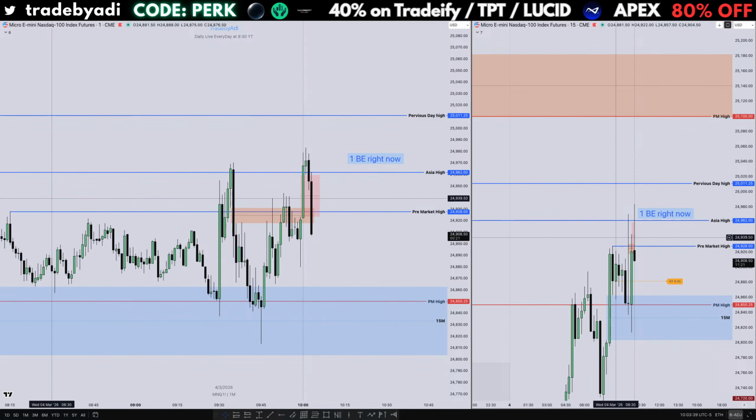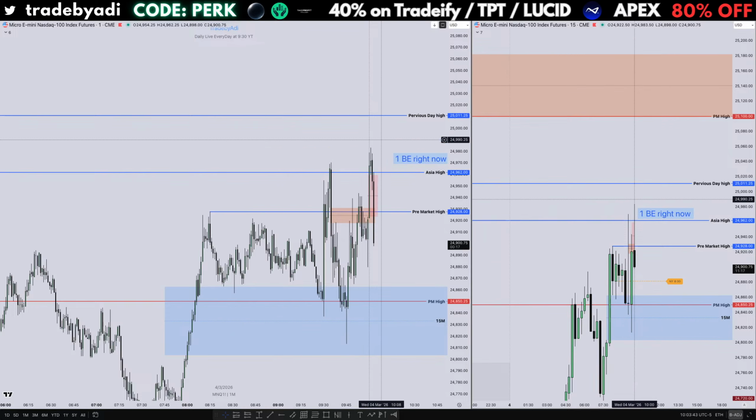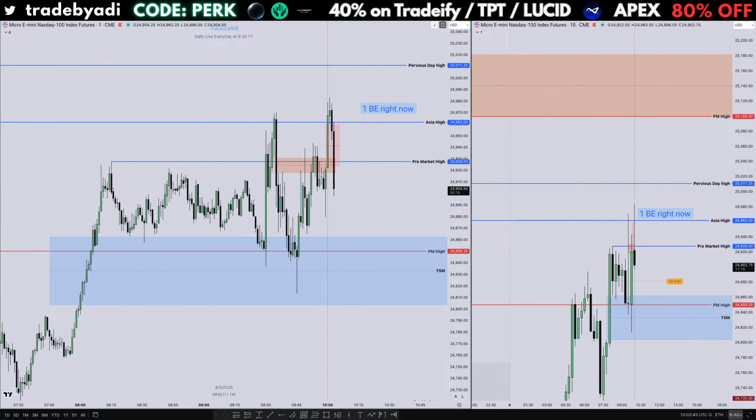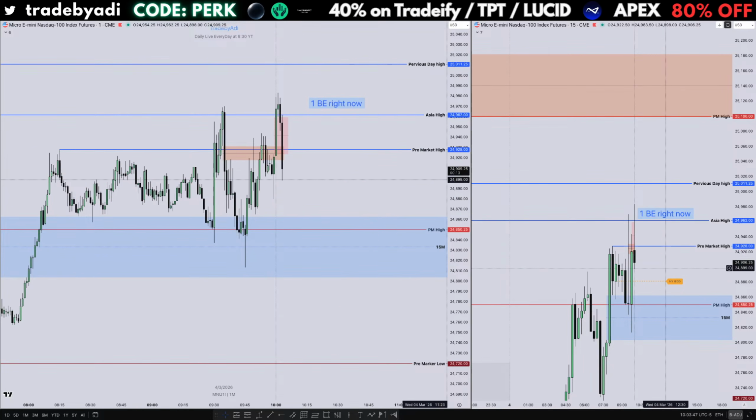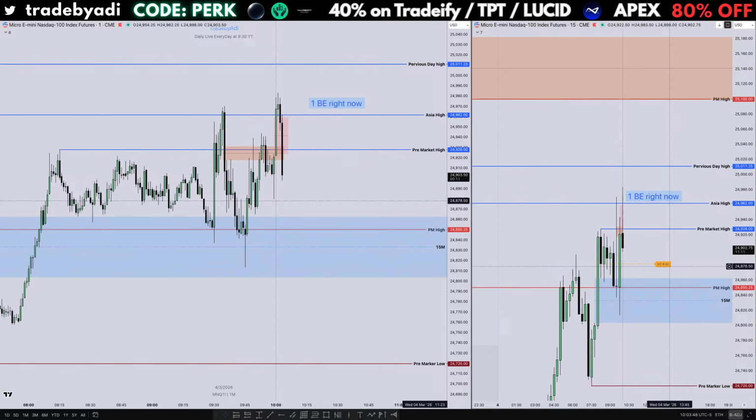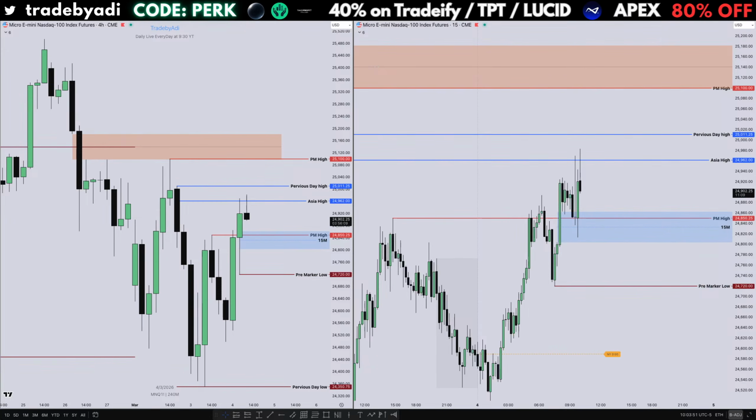Again, we have taken out the three highs. This one, and this one, and also above the 830. We are trading into the order block, the 4-hour order block.